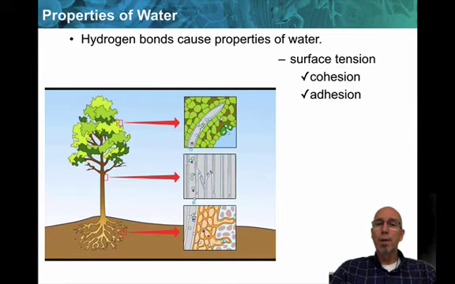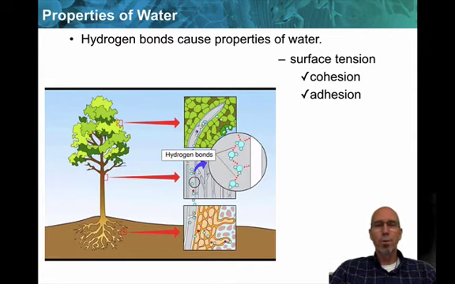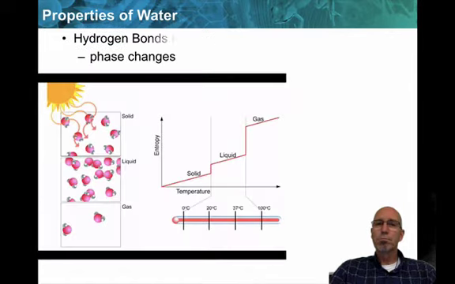If we zoom in on this tree trunk and look at the water molecules, you'll see that the water molecules are not only sticking to one another, but they're also sticking to the inside of the tree trunk. That's called the xylem. The properties of water allow water to climb its way up the tree, especially when water at the top of the tree is being used by the plant for photosynthesis and something else called transpiration. It pulls water all the way from the roots.